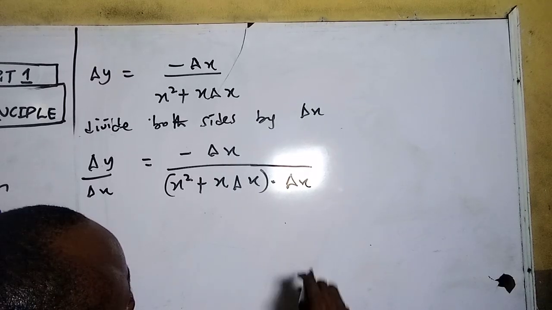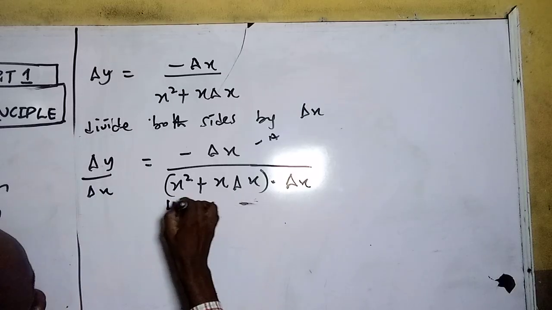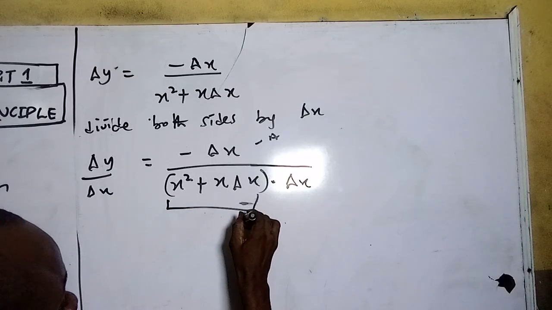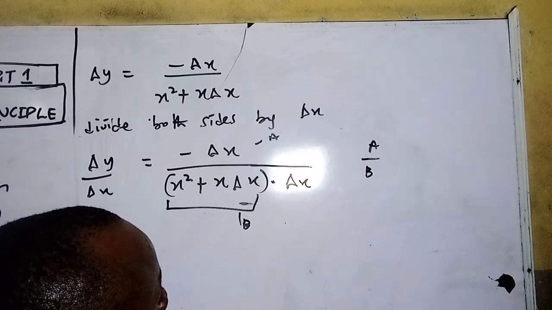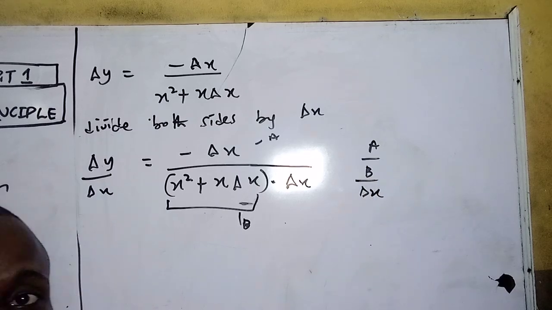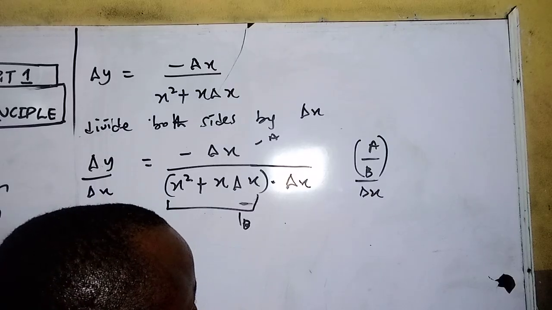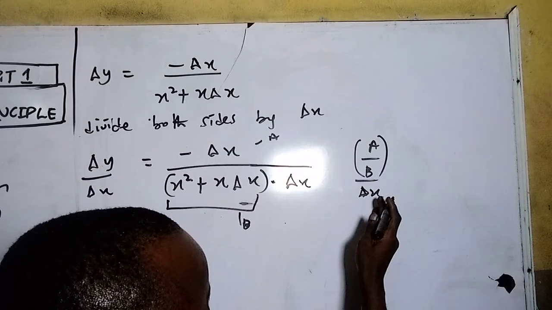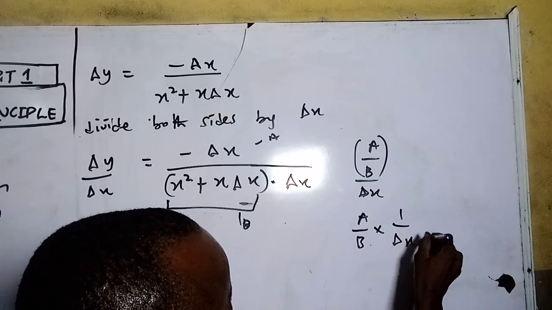Because in an expression, let's say this one is a, and everything I have down here is b. So I have a over b, and I'm still dividing by dx. These are together. To write the correct expression of this one, this is a over b times 1 over dx.